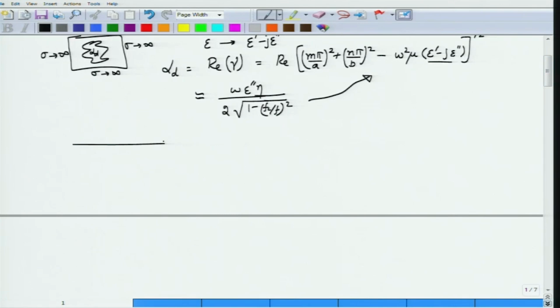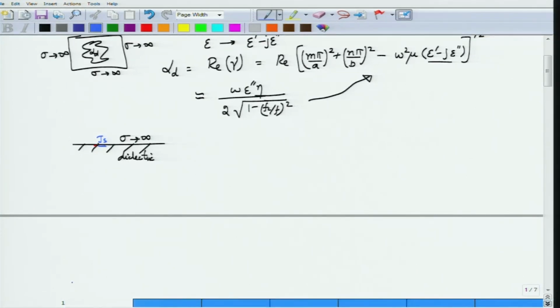Remember, when we calculated the boundary conditions, we assumed that this would be a conductor with sigma going to infinity, and this would be a dielectric. So the conductor was assumed to be perfectly conducting, and we said the tangential E must go to 0, whereas the tangential H must induce a certain Js here.